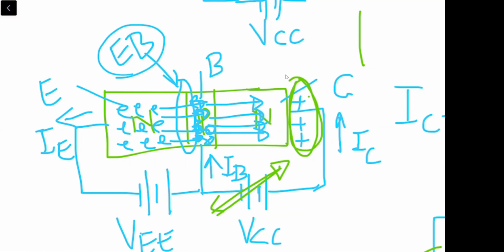So if I am decreasing this value VCC so that it is no more positive, the majority carriers which were being emitted by the emitter will not be collected by the collector, right? So the potential between the collector and the base, VCB, will no more be positive.